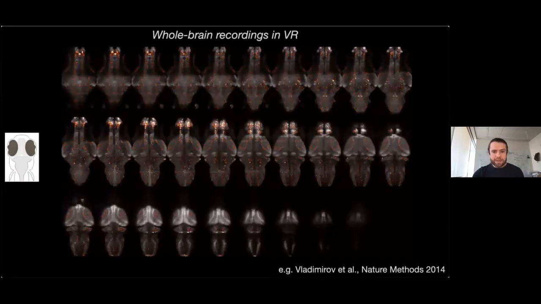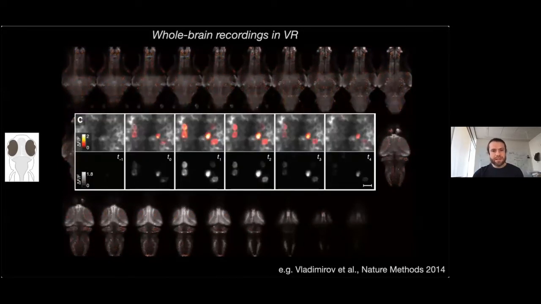So this is the type of data that we can record multiple times per second. We can capture an entire zebrafish brain volume at single cell or subcellular resolution in almost all parts of the brain. So you can see that here, a sequence of images taken from somewhere in the brain. Some parts are slightly below single cell resolution, but most parts are above.